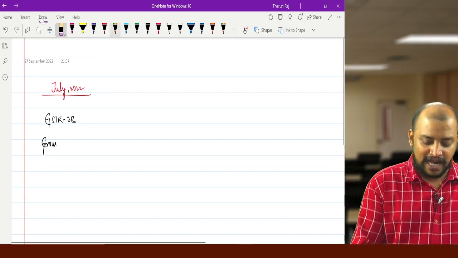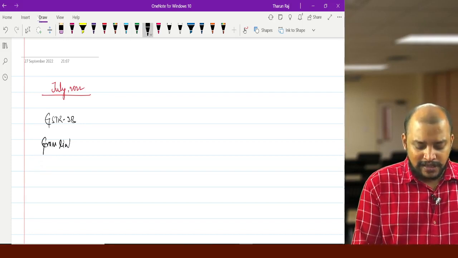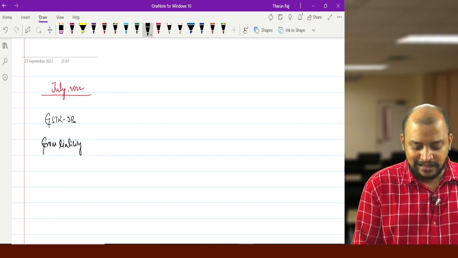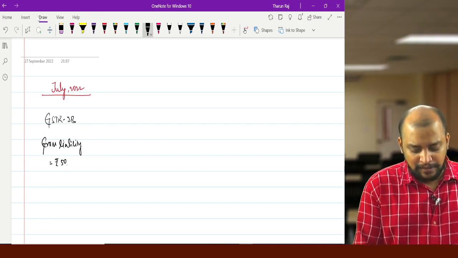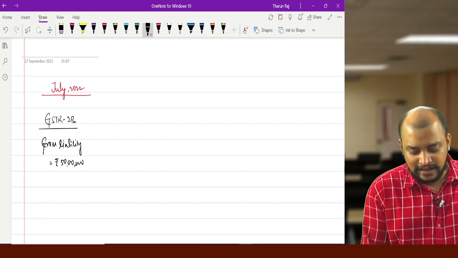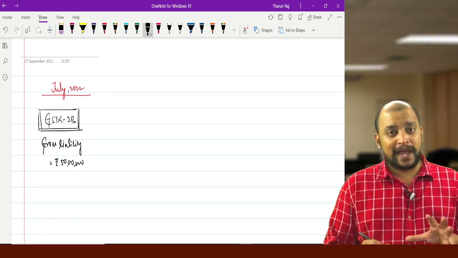Now, how is this gross liability of 50 lakhs discharged? It is discharged partly through credit ledger and partly through cash ledger.